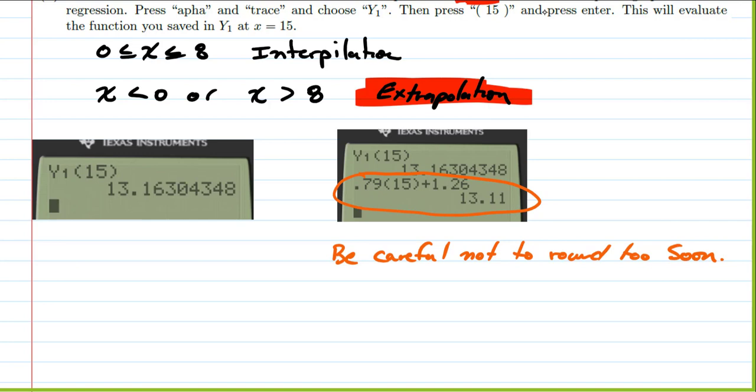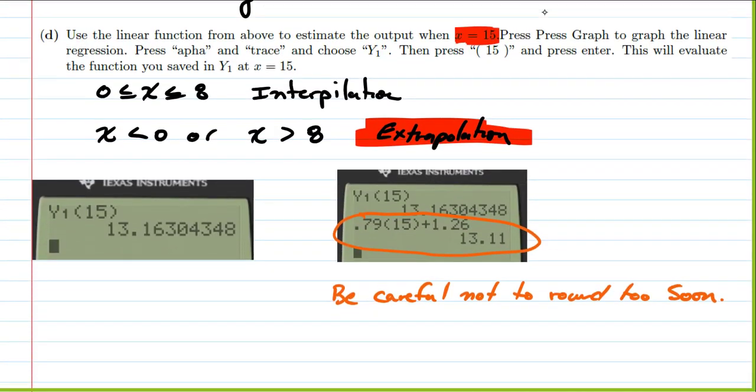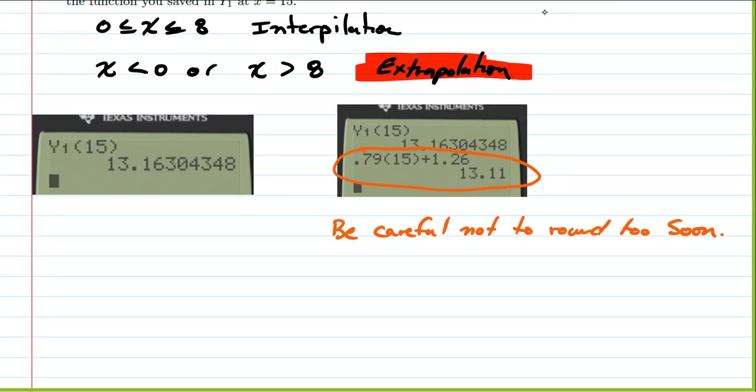So if we're not storing our regression equation in our calculator and we're using some kind of rounded values like we did up here, I rounded to 2 decimal places. When I did so, it actually increased my error all the way to where my accuracy was only good to 1 decimal place, not 2. So we have to be a little bit careful.